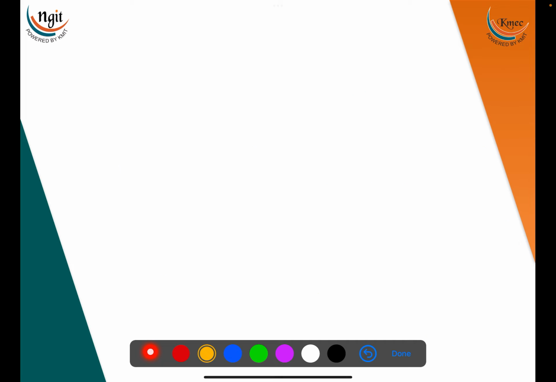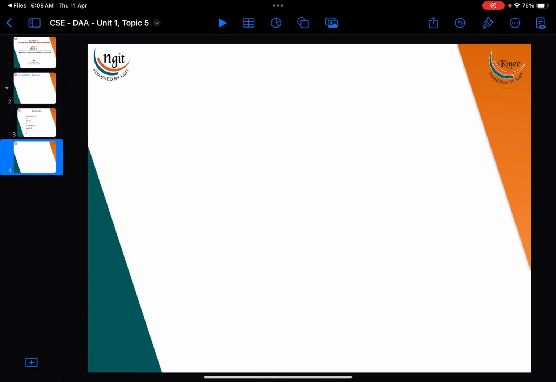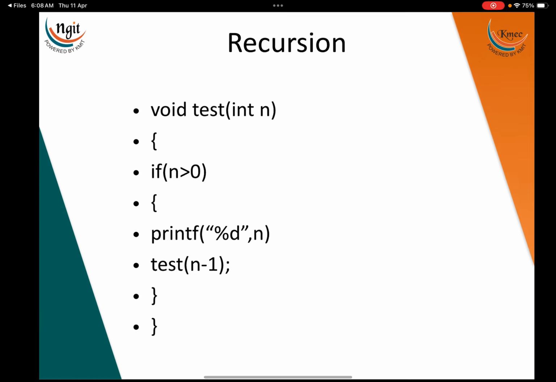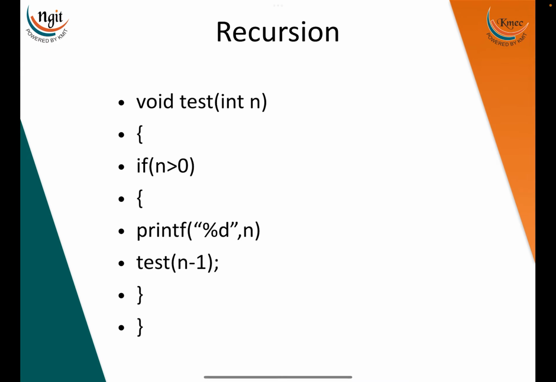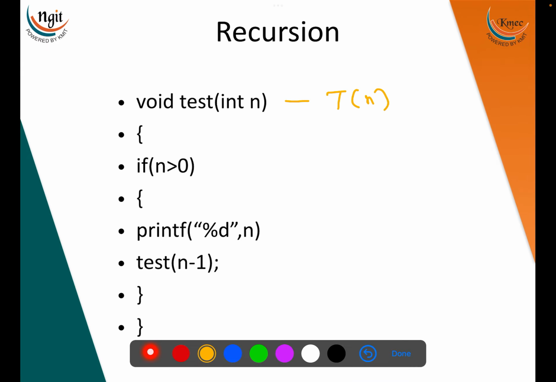Now let's see about the recurrence relation, how to find it and how to solve it. Let's go back to the previous example. Assume that I'm representing the recursive function with T of n. T of n is the time taken by these instructions.